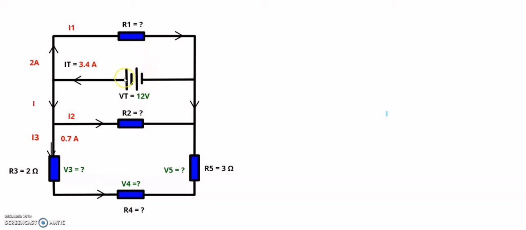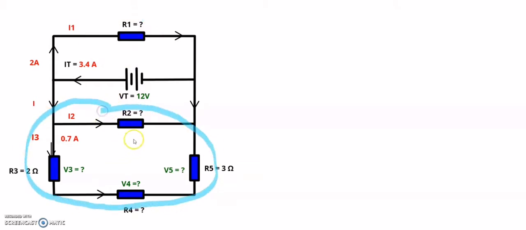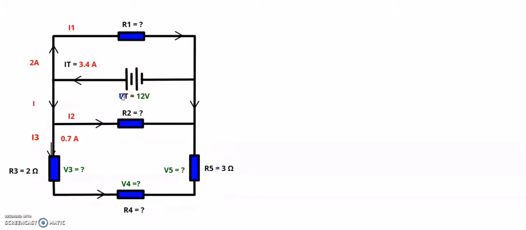I have a battery positioned in the middle of two sections of resistors, with a resistor on that side of my battery and resistors on this side of the battery, which means that the voltage drop over that resistor is going to be my total voltage, which is 12 volt.